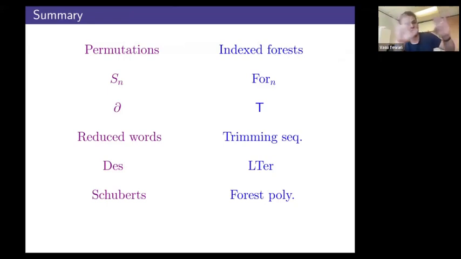Here's the dictionary to go from statements you might know in the setting of Schubert calculus or Schubert polynomials, and here's a translation that you might want to apply to get the corresponding statement in terms of forest polynomials.